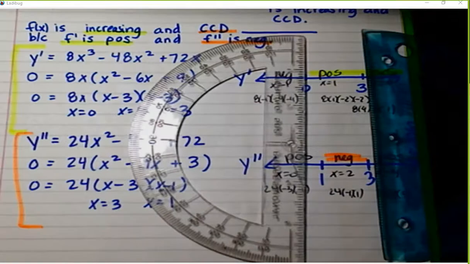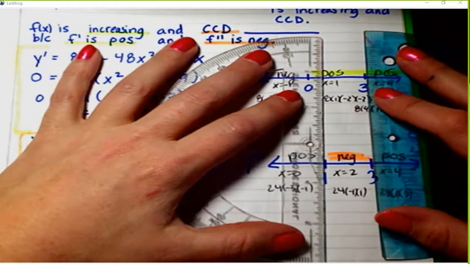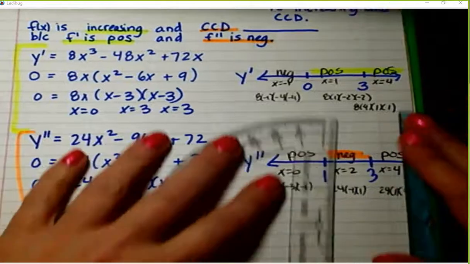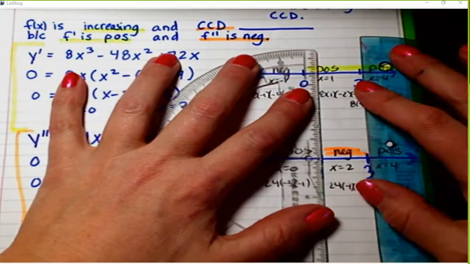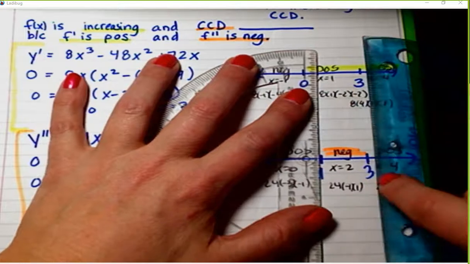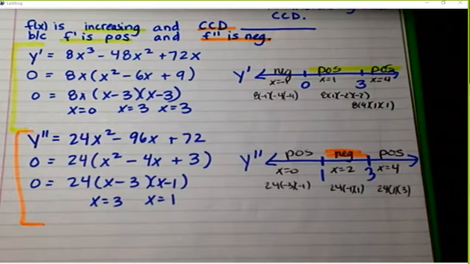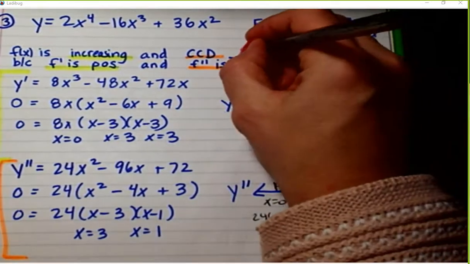It has to be both of the colors, which is why I suggest lining your number lines up, because then you can just compare them. I'm asking you where it's yellow and orange. So you have to make sure that it's both colors. So that's between 1 and 3. All right, that's my answer. Between 1 and 3.